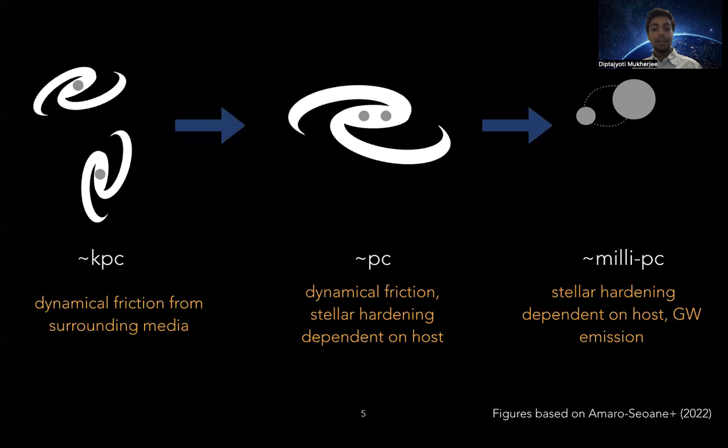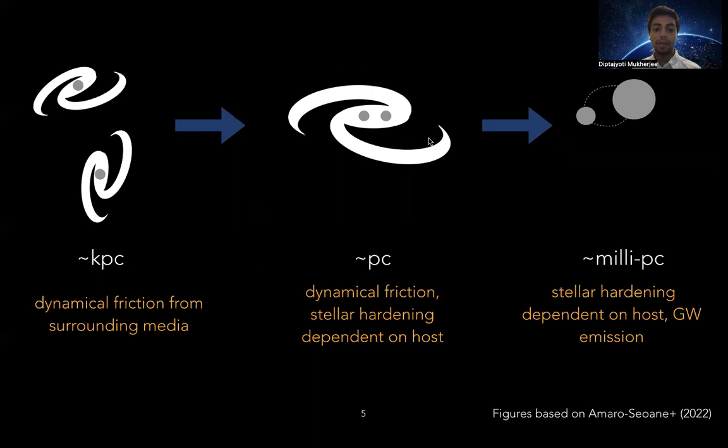Now, the evolution of these binaries can be divided into three distinct stages depending on the length scales involved. In the kiloparsec era, the massive black holes are embedded inside their galaxies, and the galaxies evolve because of dynamical friction from the surrounding media, which can be because of dark matter or gas. Once the galaxies merge, they merge into a single galaxy, which I'm going to call the host galaxy.